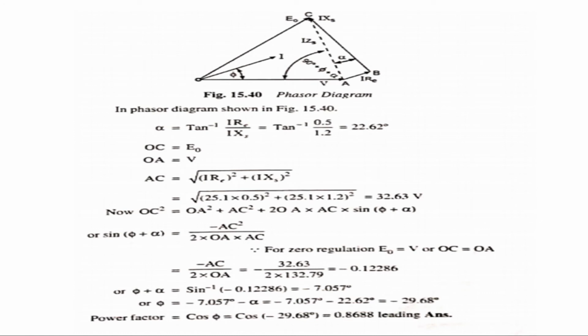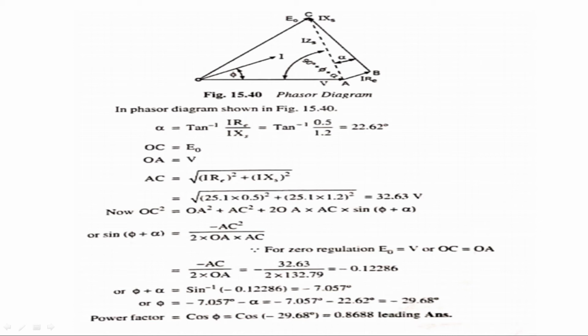Next is the phasor diagram. Taking V as the reference, because the current is lagging V, IRE will be parallel to I, and perpendicular to IRE is IXS; the vector addition of IRE and IXS is IZS.